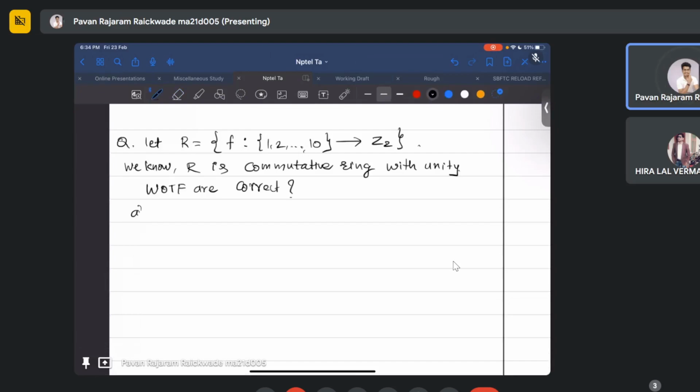A, R has a unique maximal ideal. B, every prime ideal is maximal.